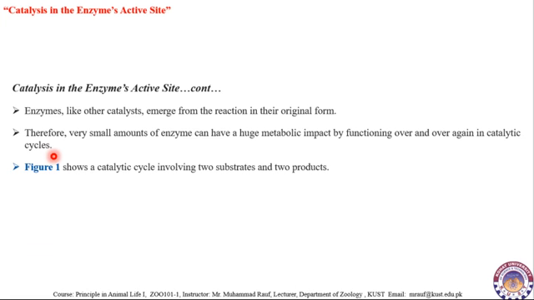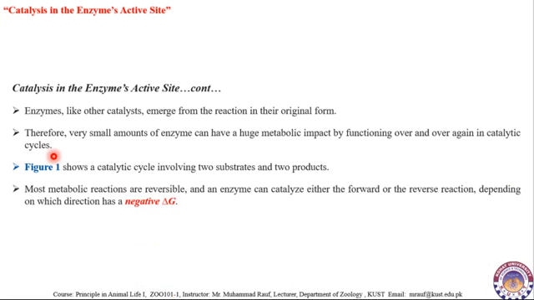Figure 1 shows a catalytic cycle involving 2 substrates and 2 products. We will see that on the next slide.